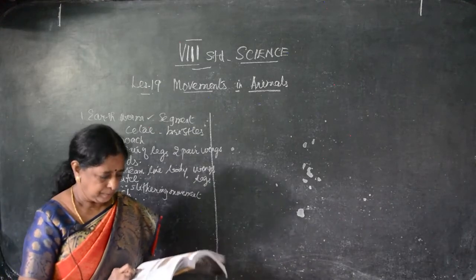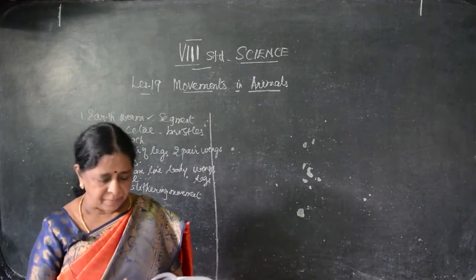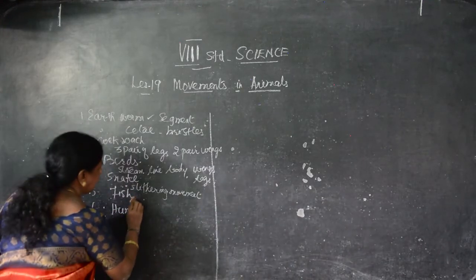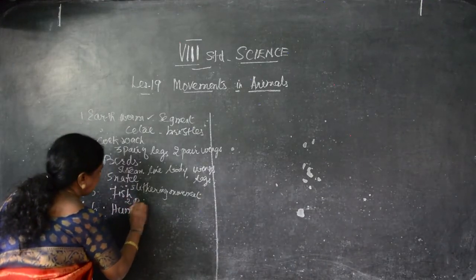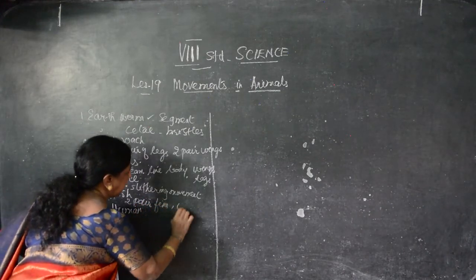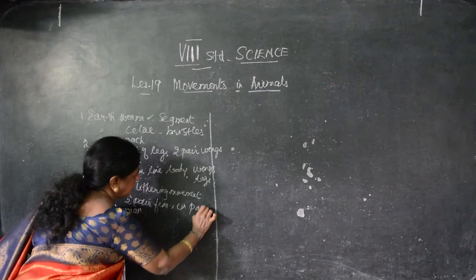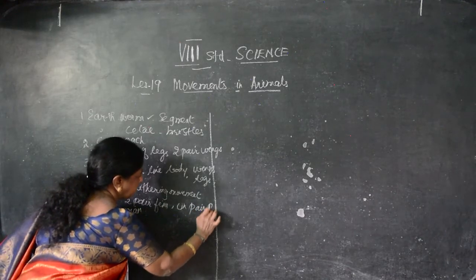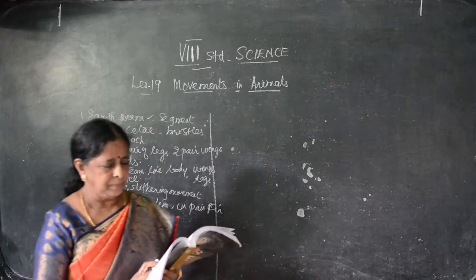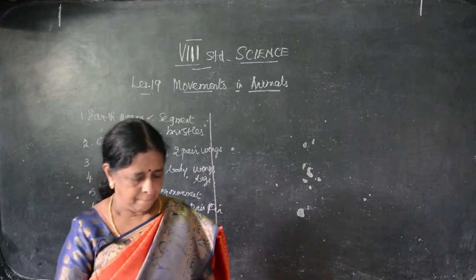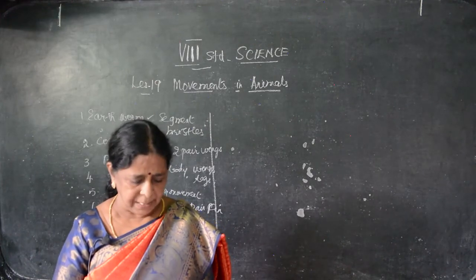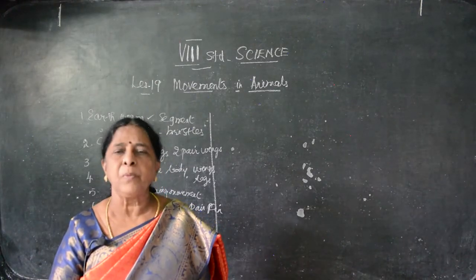And fish, you know, how many pairs of fins are there? 2 pairs of fins, and one is unpaired. Unpaired fin. The body of a fish is streamlined, to reduce the friction while moving in the water.